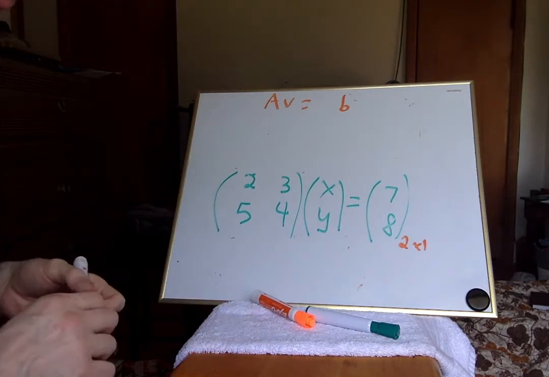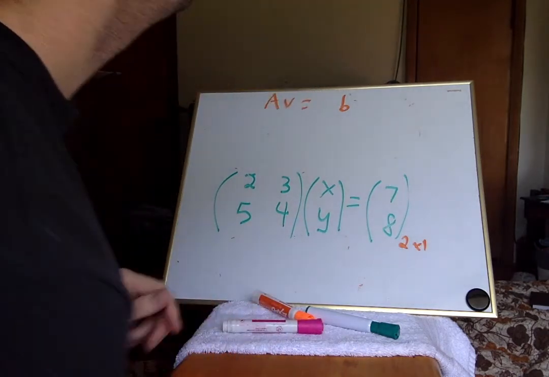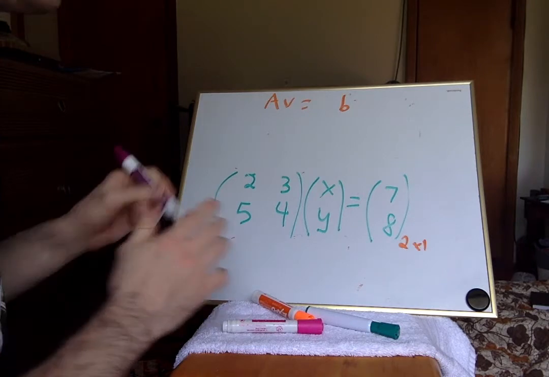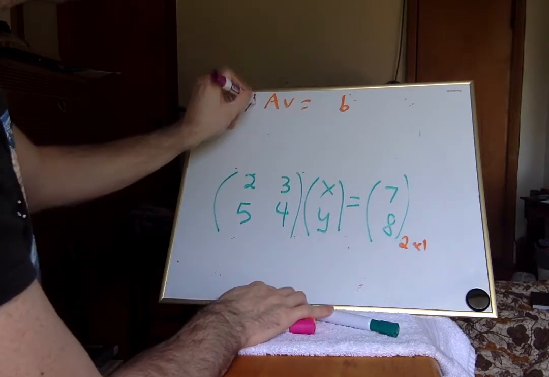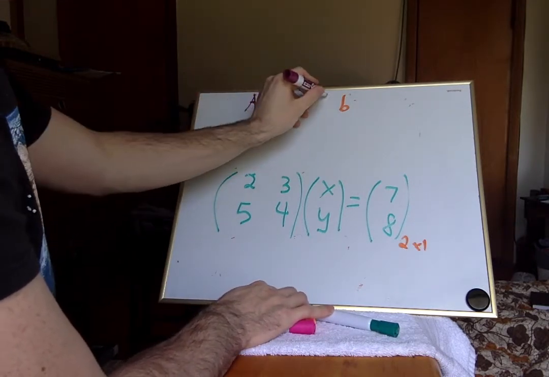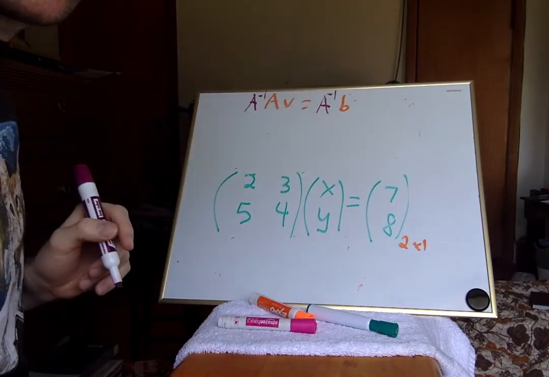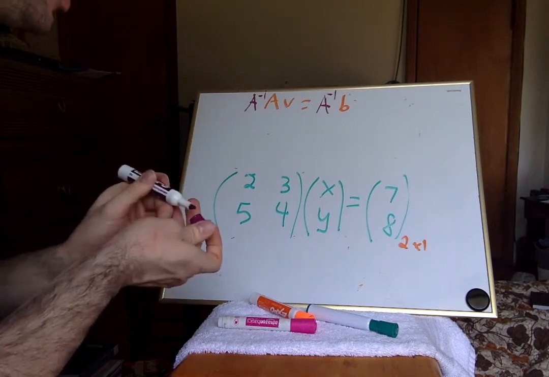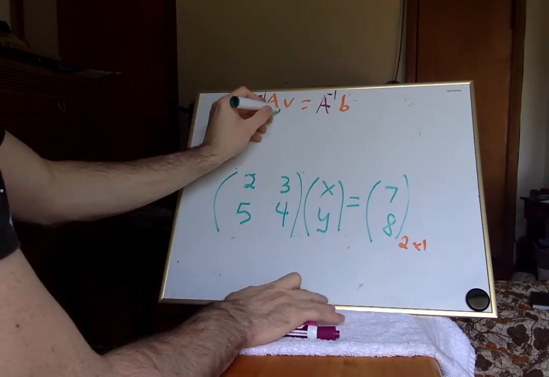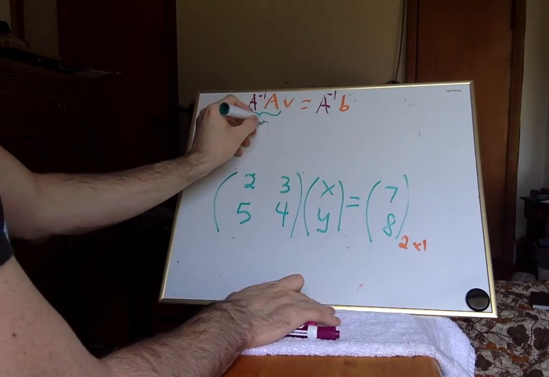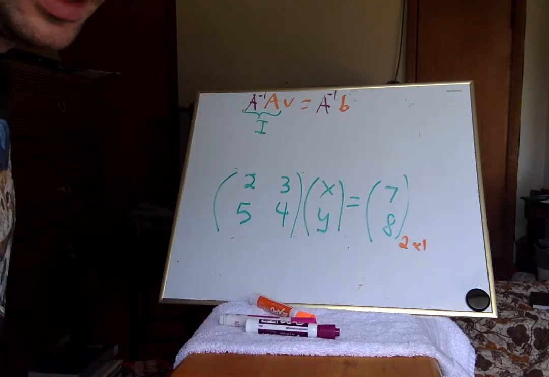So let's just do some simple algebra. I'm going to multiply both sides of this matrix equation by A inverse. When I multiply both sides of this equation, I can easily see that this is the identity, right?